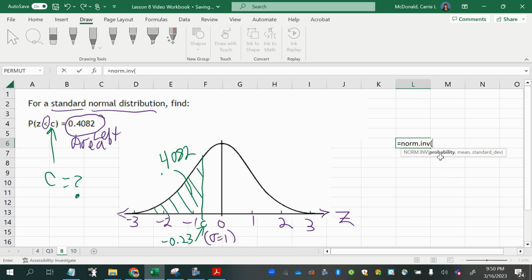Usually it's set up that you're entering a probability to the left. So I'm going to put in 0.4082 and the mean of 0 and standard deviation of 1 because it says that it's a standard normal distribution. And there you see, I get the same answer, negative 0.23.